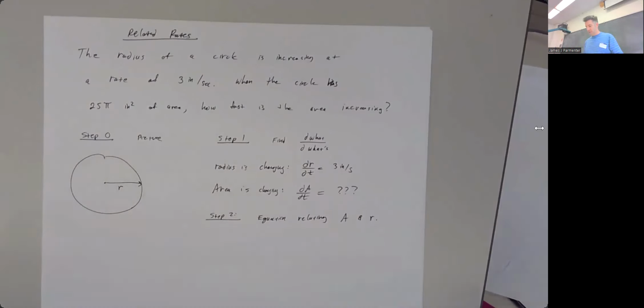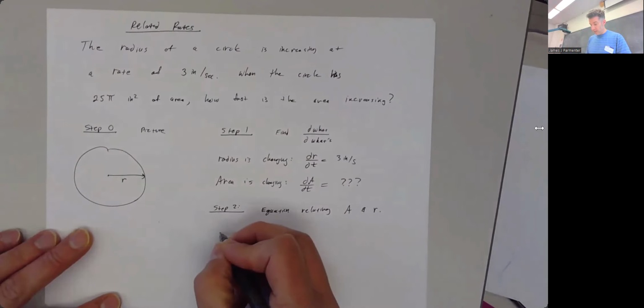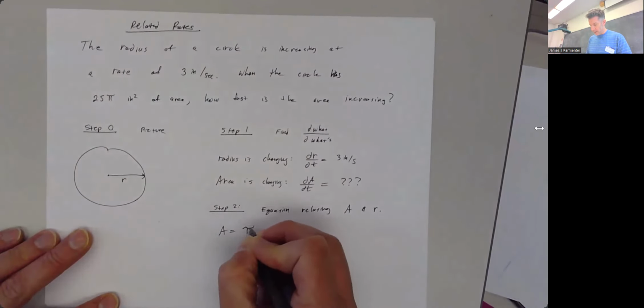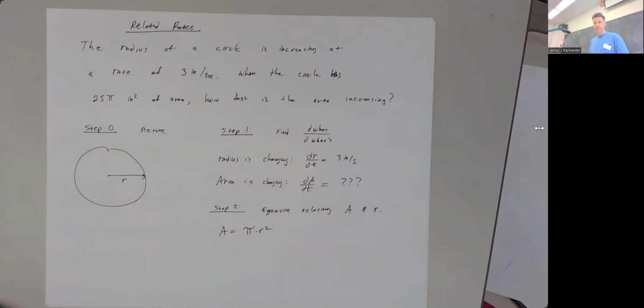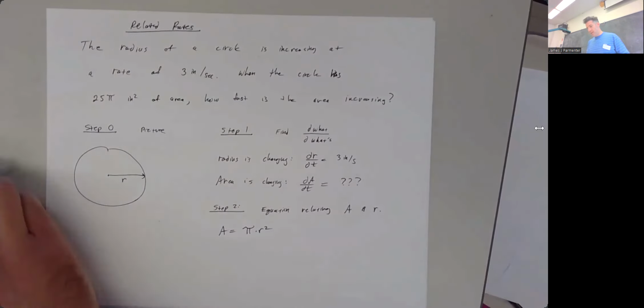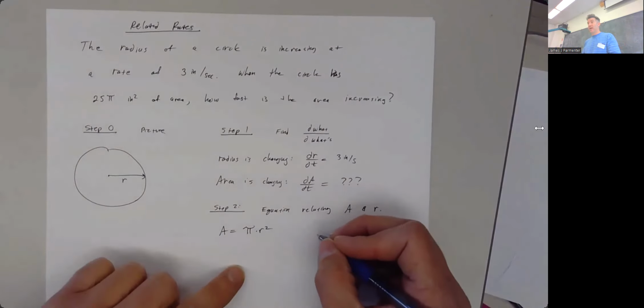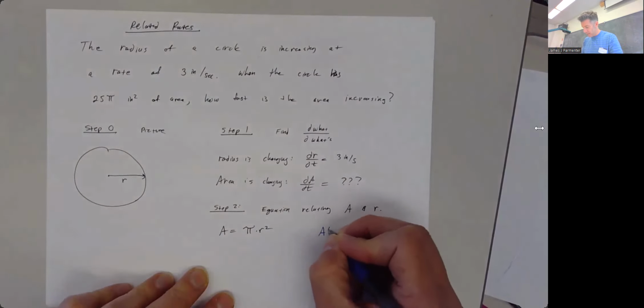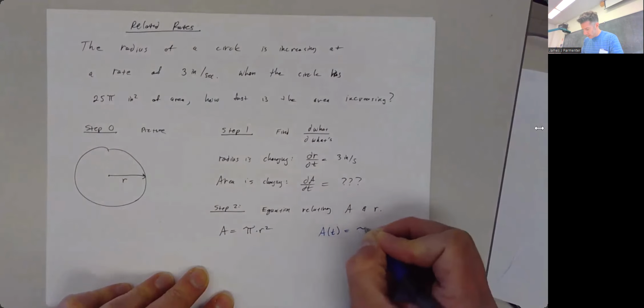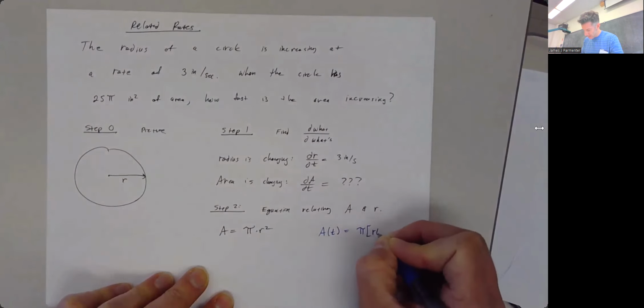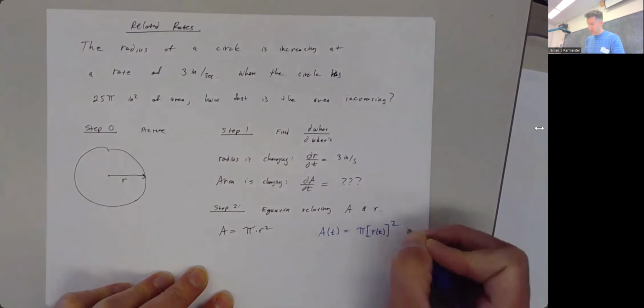So here, our equation is just area equals pi times r squared. But I'm going to point out that both area and radius are functions of time. People don't usually write it this way, but really I'm thinking of area as a function of time equals pi times radius as a function of time, squared.